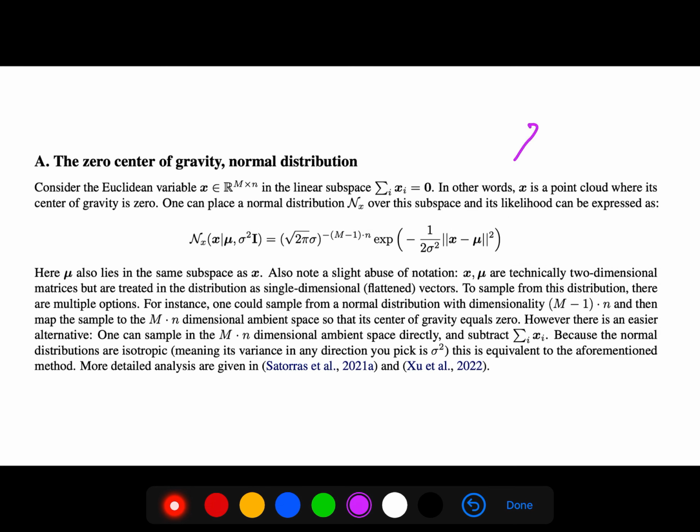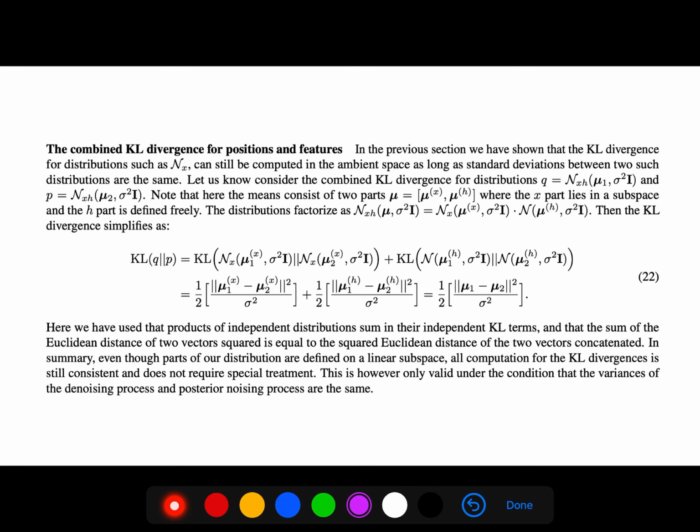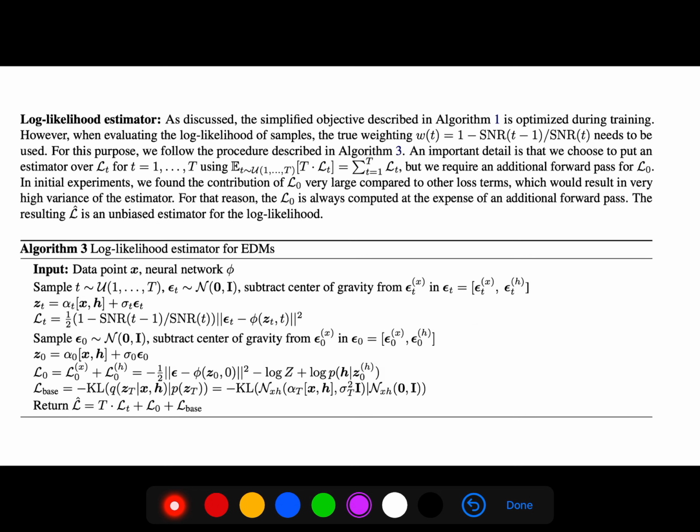And in the Appendix 8, they talked about this zero center of gravity. Also, this basic thing from machine learning that it has explicit form. If you combine it with position and features, now it becomes like this. So the simplified objective is optimized during training.